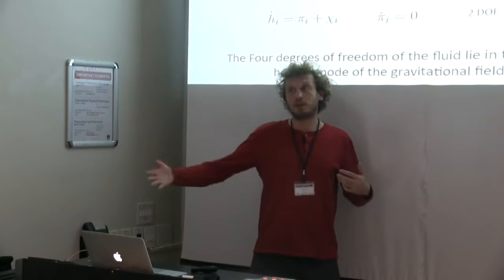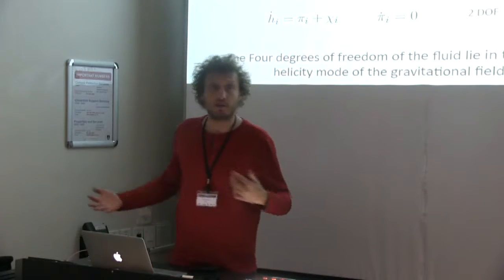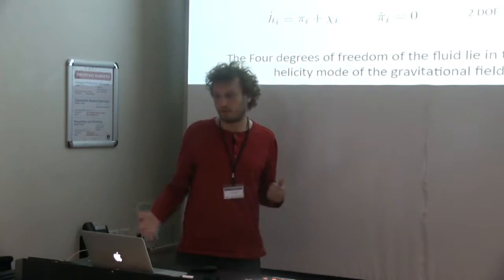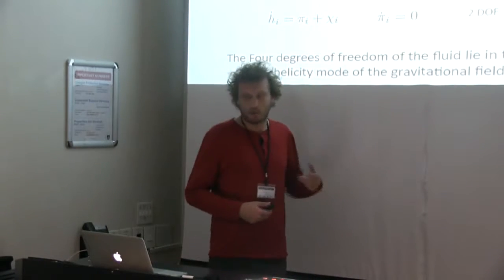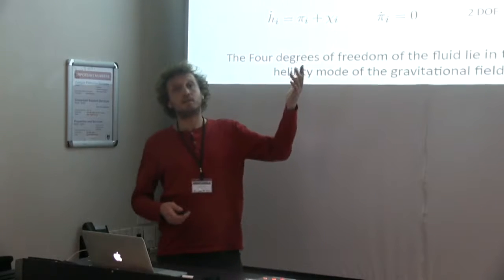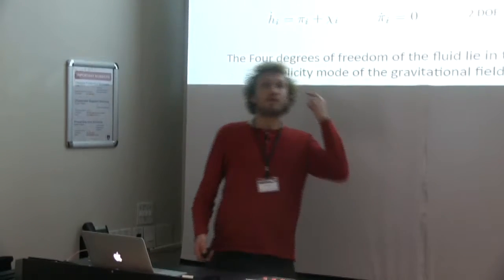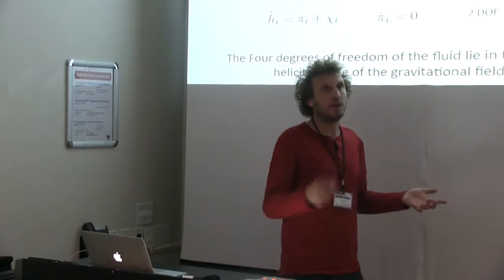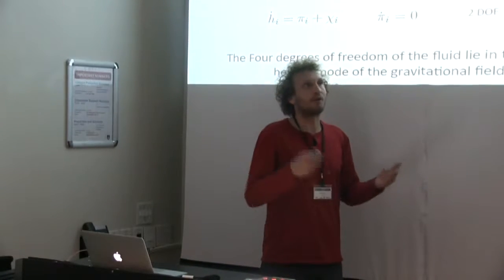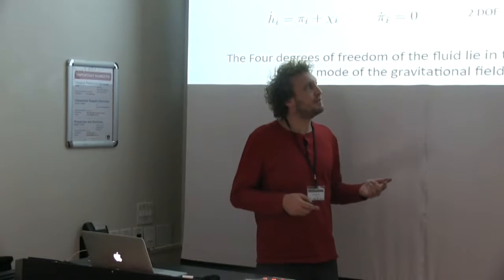Then what it is there, it's just a completion to fully nonlinear. It's exactly the same manipulation, but at full nonlinear order. So just to think, you have 10 numbers: 2 degrees of freedom of gravity, 4 degrees of freedom of your fluid, 4 gauge freedoms.